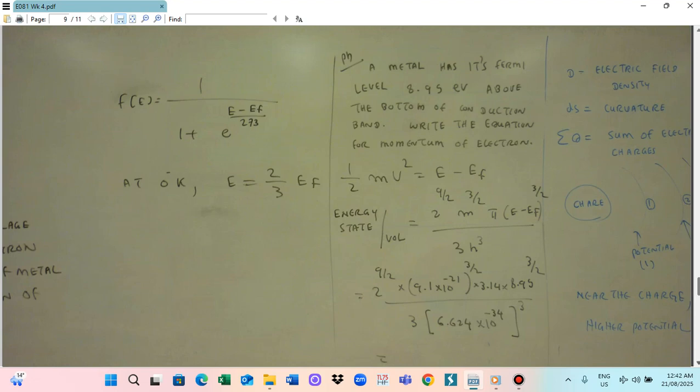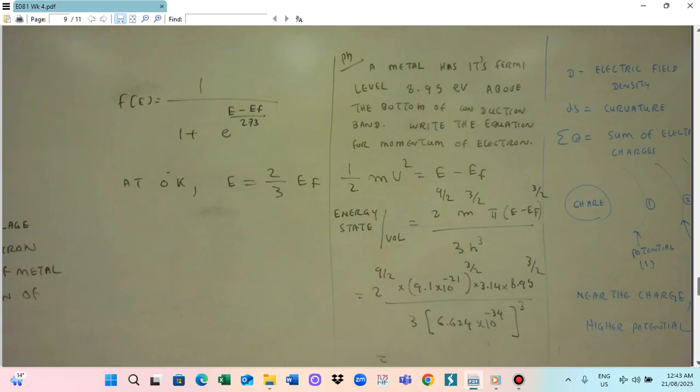E minus EF is the Fermi level, 8.95 electron volt, so we substitute 8.95 power 3 by 2 divided by 3h. The h value is 6.624 multiplied by 10 power minus 34, so that will be 3h power 3. By solving this one, we can calculate the energy states per volume of the electron.